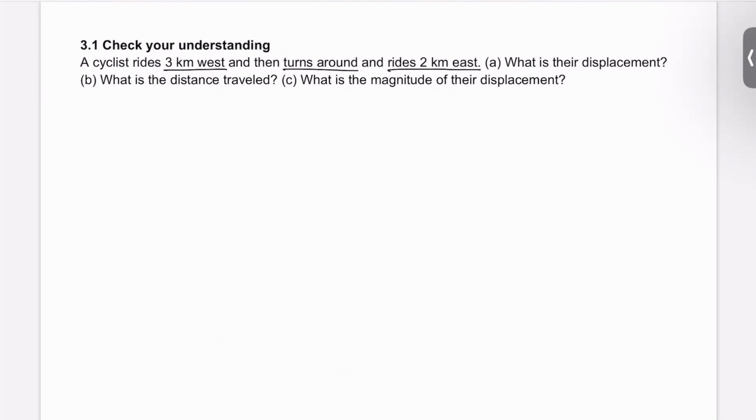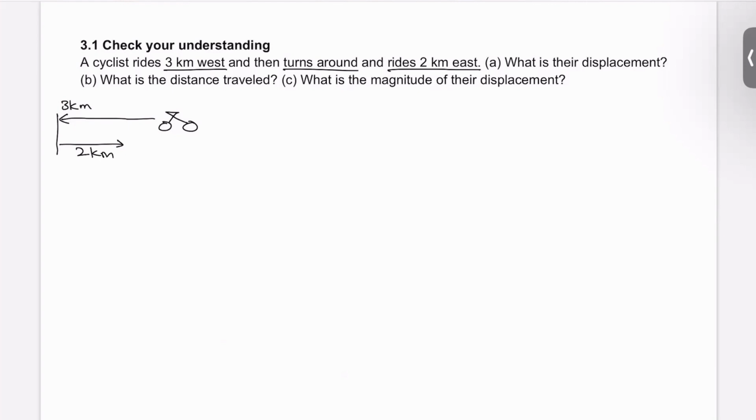So since they don't give us a picture, I'm gonna draw my own. So let's say the cyclist starts, that's my bike. Hopefully that looks like one. So we're going west 3 kilometers. And then from there, we turn around and go 2 kilometers east.